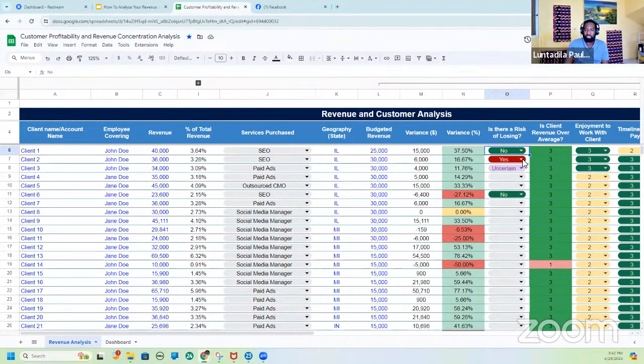Okay. If yes, okay, what could potentially make this client leave the firm? Maybe our level of service has declined. Maybe the client is not satisfied with the level of service we are providing to them.